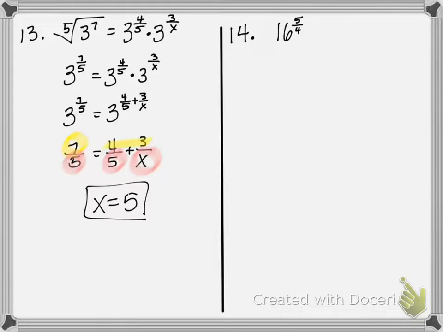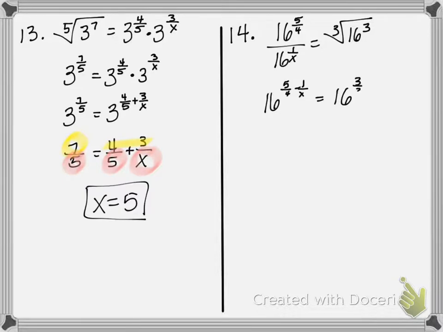I have 16 to the 5/4 divided by 16 to the 1 over x equals the cube root of 16 cubed. So I'm going to do two steps at once. I'm going to subtract my exponents because of the quotient rule, and I'm also going to turn this into exponential form at the same time.